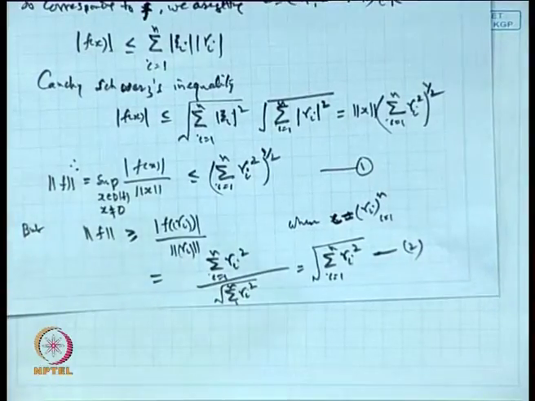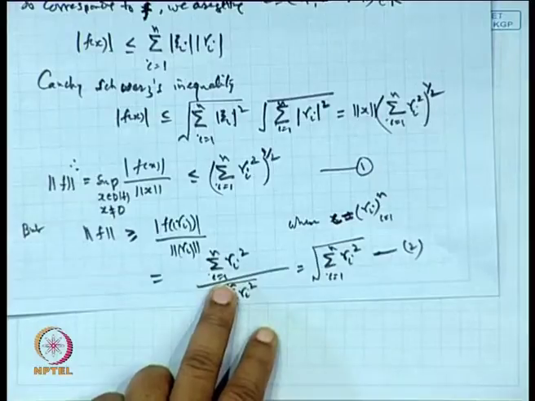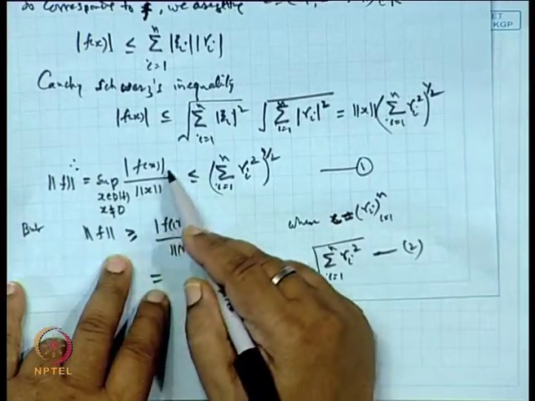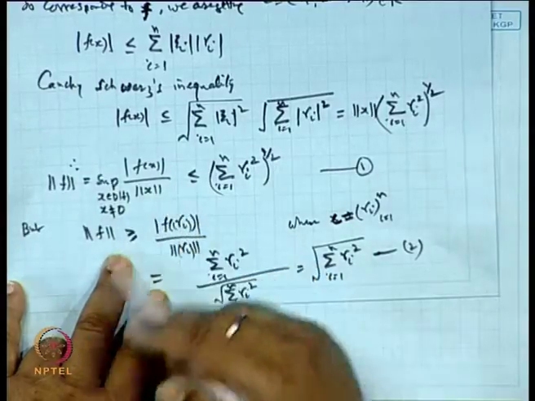Sir, it is clear that we can replace the x by C. But why is norm f greater than or equal to that? Because norm f is the supremum taken for all x.